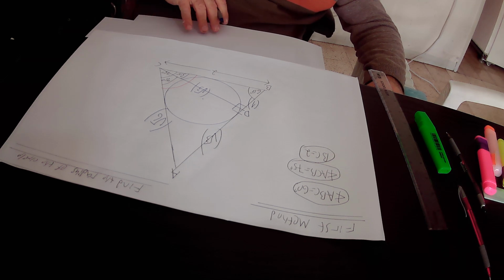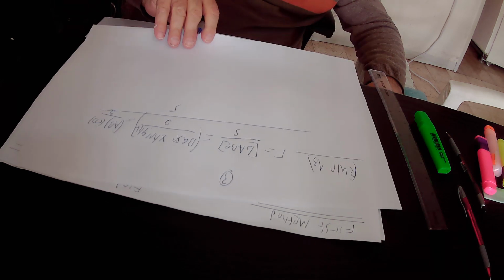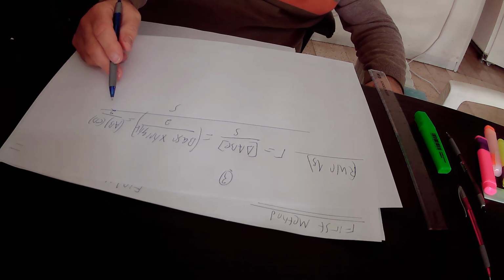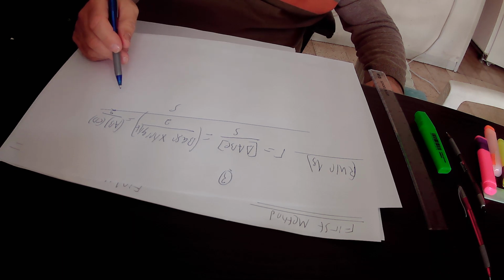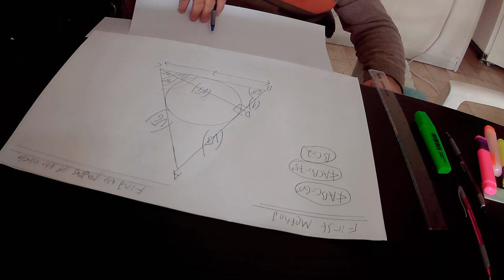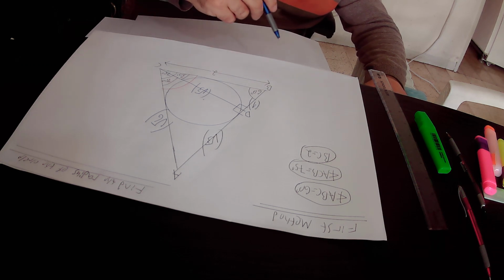Again, the area of our triangle ABC equals the base AB times the height to the base, that is CD, over 2, all divided by the semi-perimeter of triangle ABC. The semi-perimeter is the perimeter over 2.